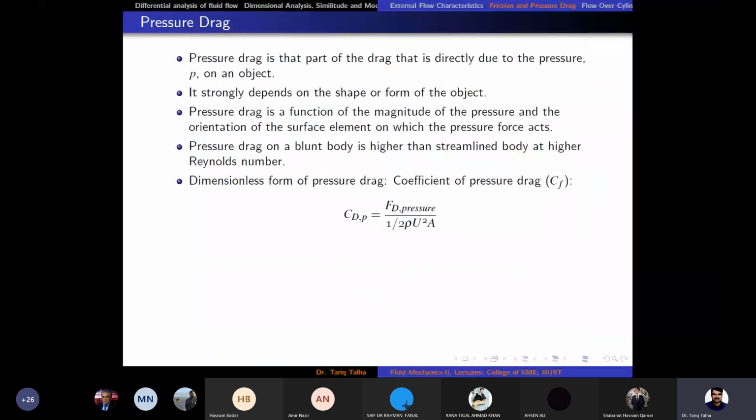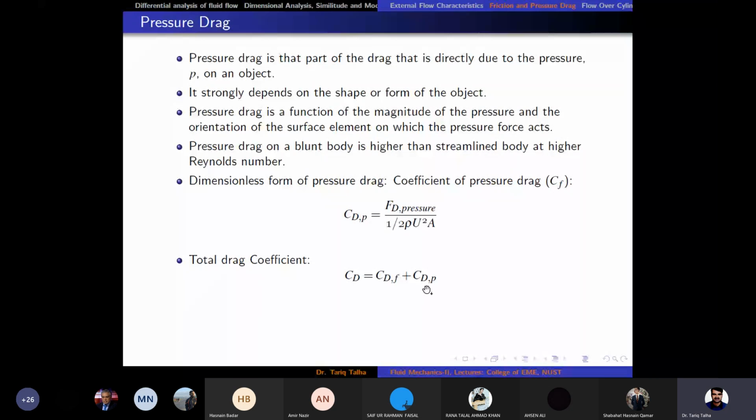Okay, and then it can be determined by the coefficient of drag, that is, the pressure drag component, the force due to pressure difference, over half rho u square upon area. And the total drag on the geometry would be the sum of pressure drag and friction drag.